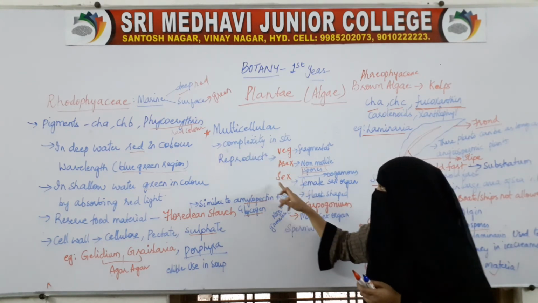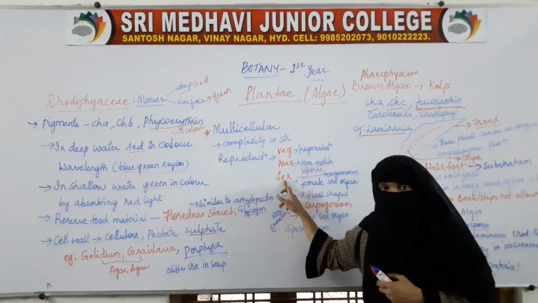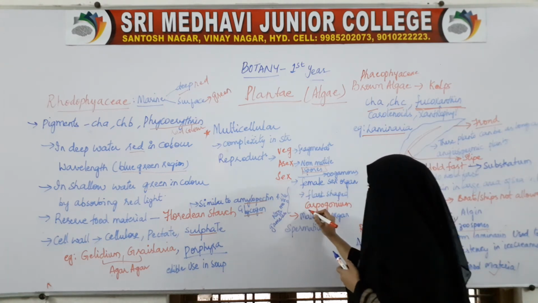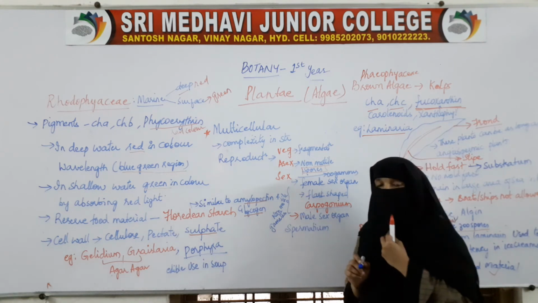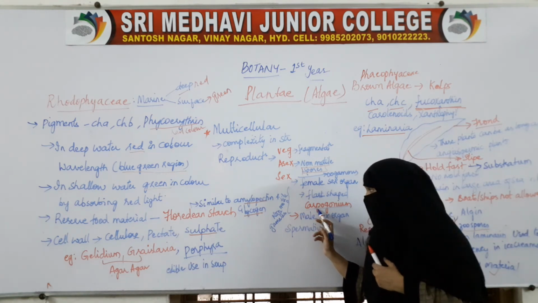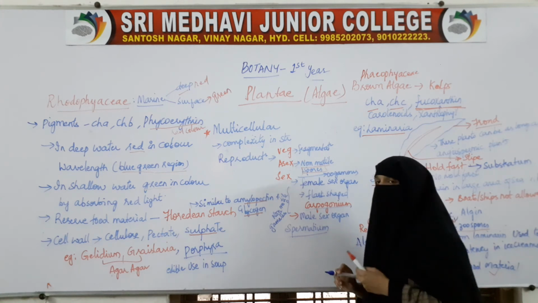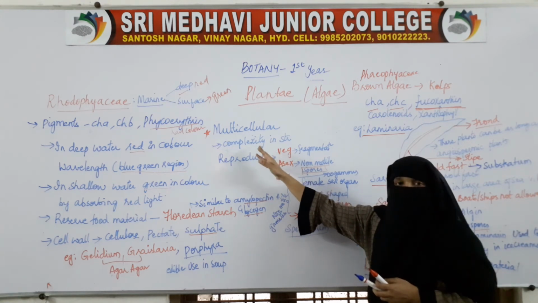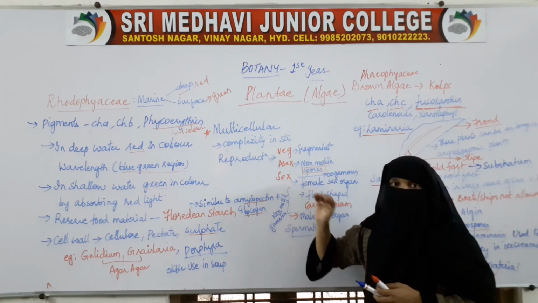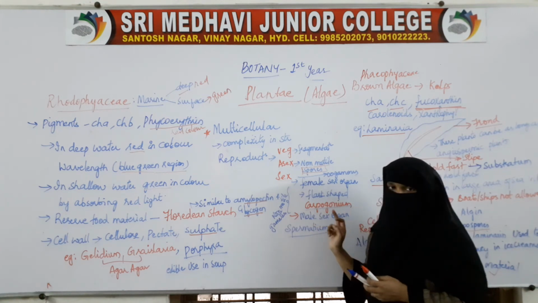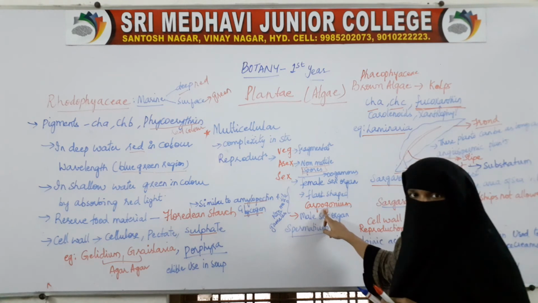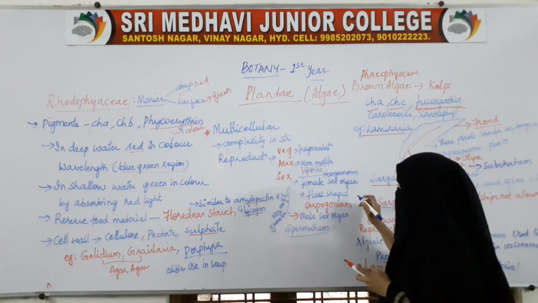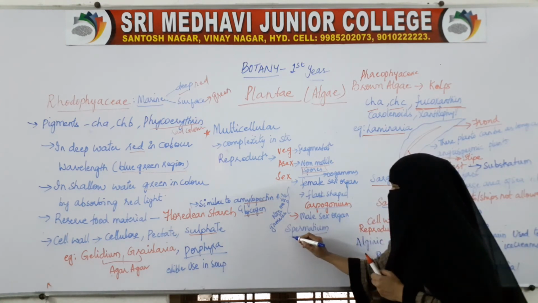In sexual reproduction, as I already said, there is complexity in structure. All of them are multicellular, so they have sex organs. The female sex organ is flask shaped, called the carpogonium. The male sex organ is called the spermatium.